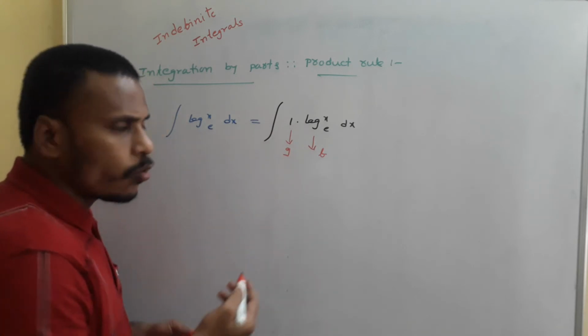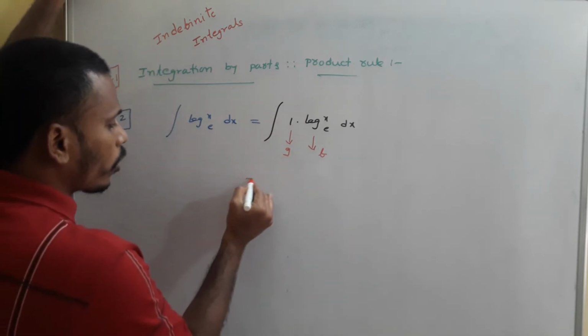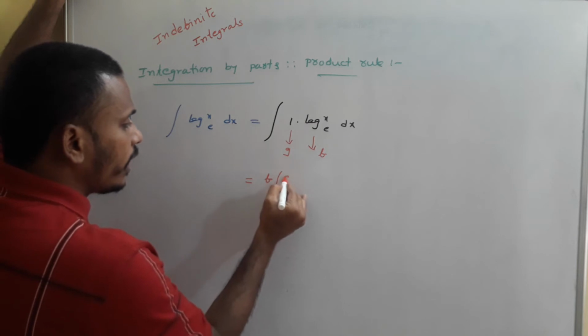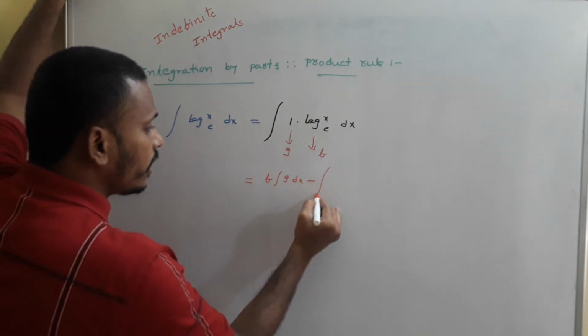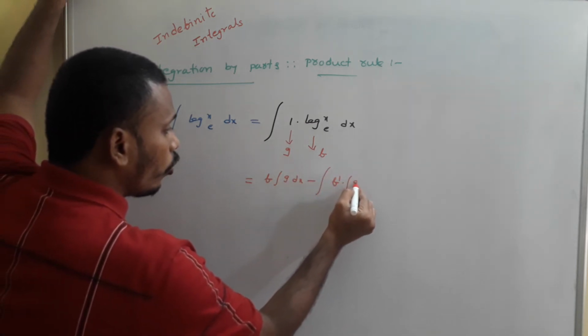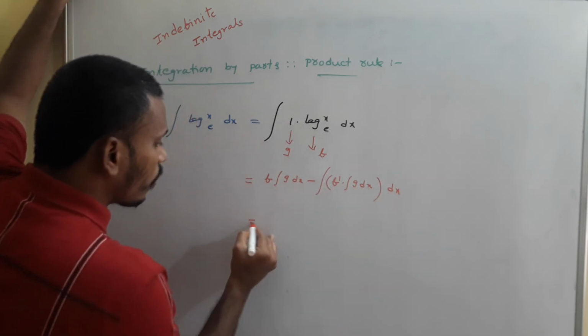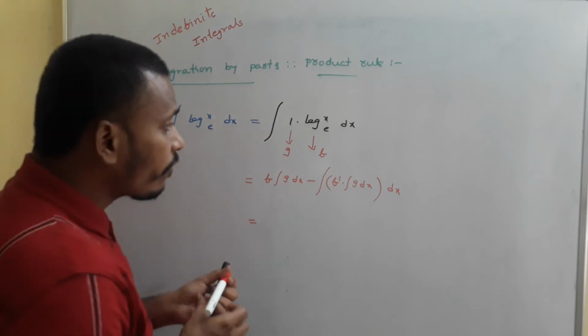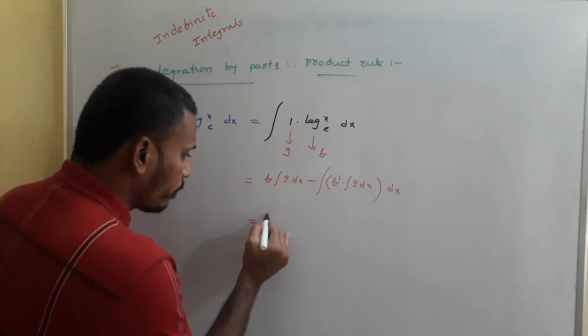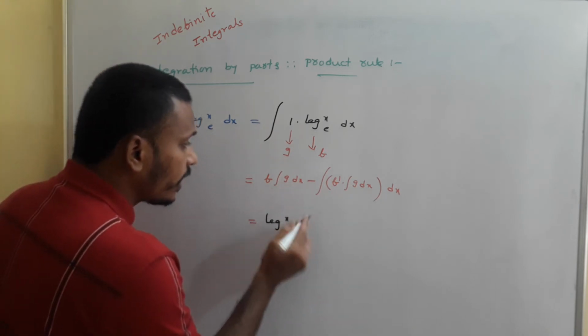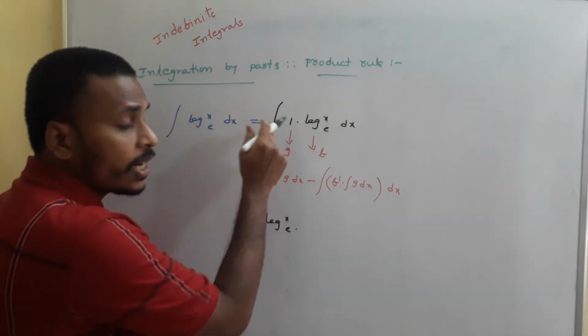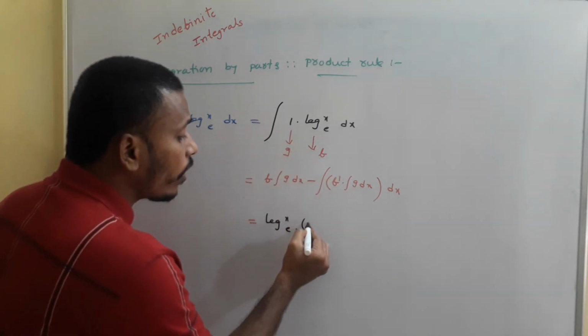And I think you all know that product rule. What is that? f integral g dx minus integral of (f dash into integral g dx) whole dx, and this is equal to, what is f? f is this log x to the base e into, what is the integral of g? g is 1, so its integration is x.